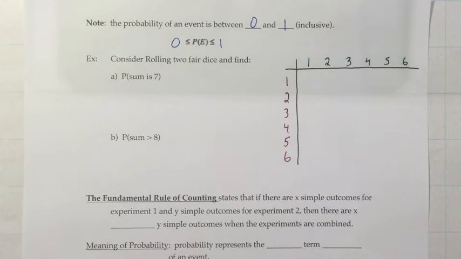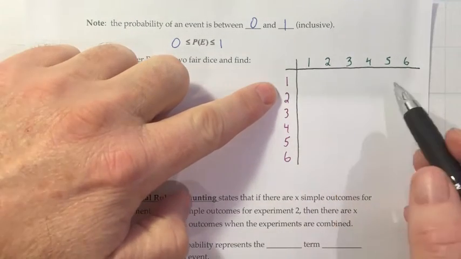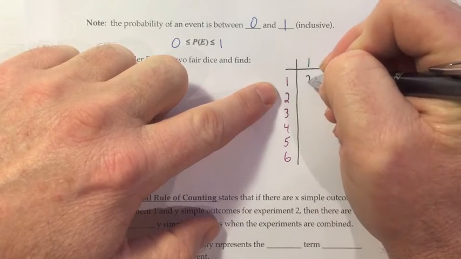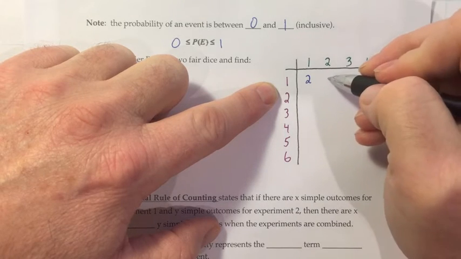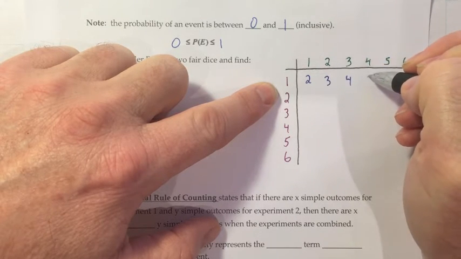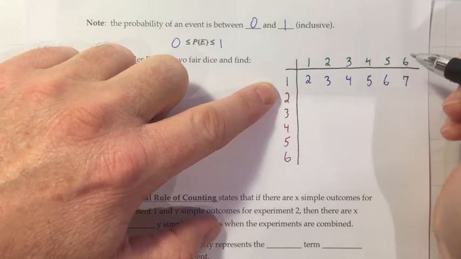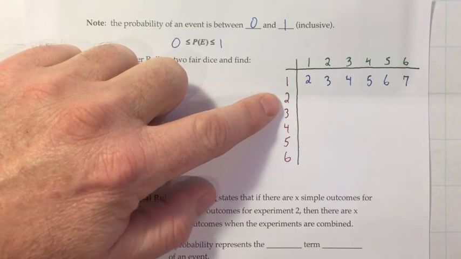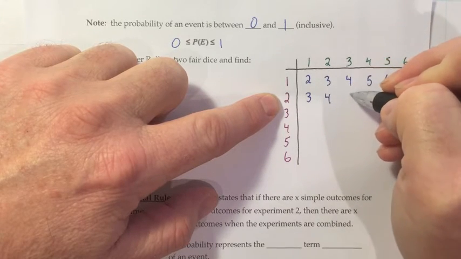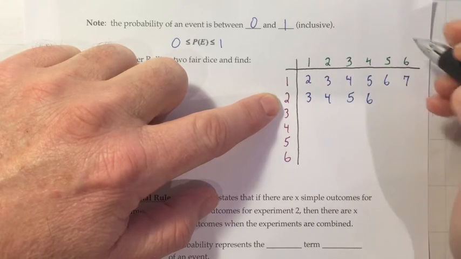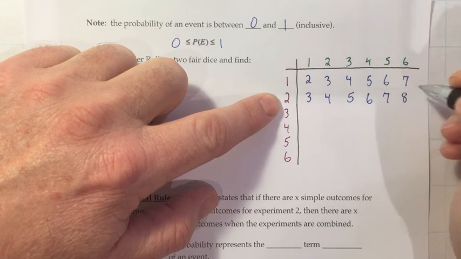So what we want to think about are all the different sums that you can get and all the different ways that you can end up getting those sums. So suppose that on the purple die I roll a 1, then the sum of the 2 dice could be as low as 2 or as high as 7, depending on what happens on the green die. And then of course we have the integers in between as well. And if you roll a 2 on the purple die, then if it's 1 on the green, that sum would be 3. And then looking at the other possibilities with the green dice, we get 4, 5, 6, 7, and 8.